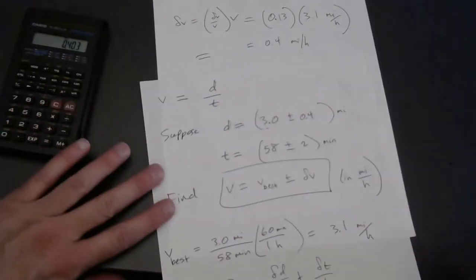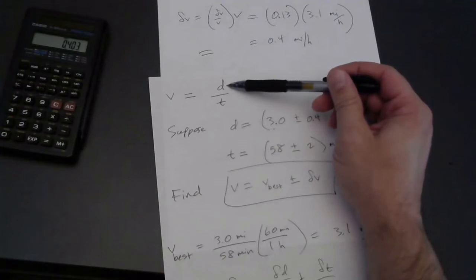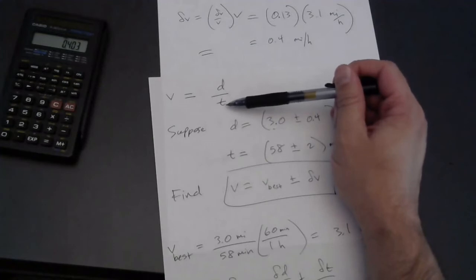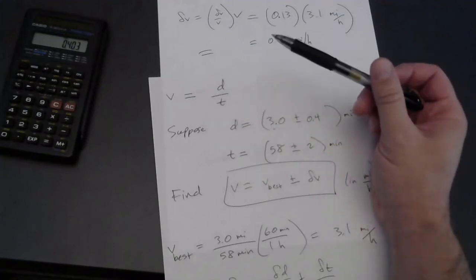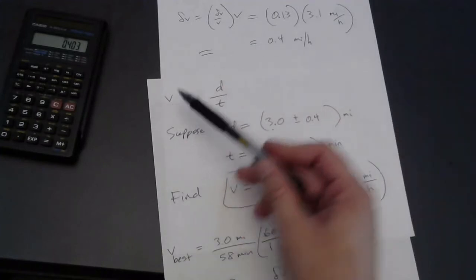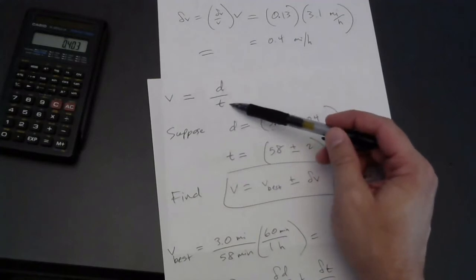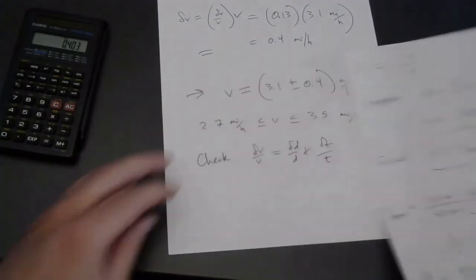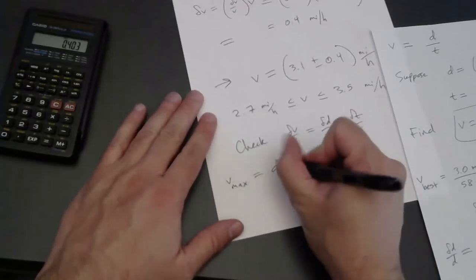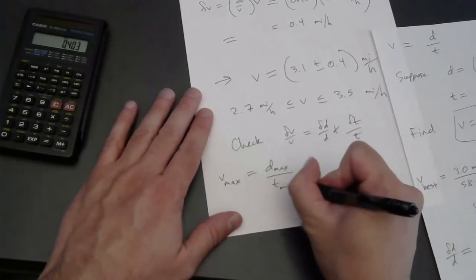Well, since this is our formula for speed, if you plug in a bigger value for d, since it's in the numerator, doesn't it make the speed come out bigger? And if you plug in a smaller time, a smaller denominator would also make the velocity come out higher. So if we want to figure out the largest likely value for your walking speed, let's put in the largest likely value of the distance you walked and the smallest likely value of the time to make this as large as possible. So I'll say v max for this particular case would be the max probable value for the distance divided by t min.